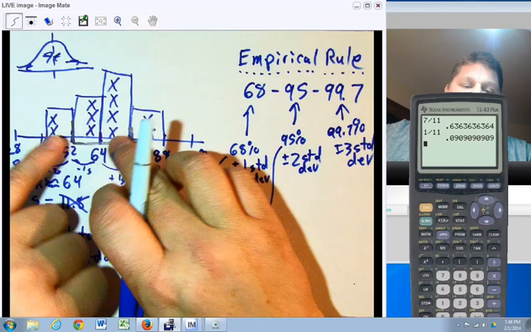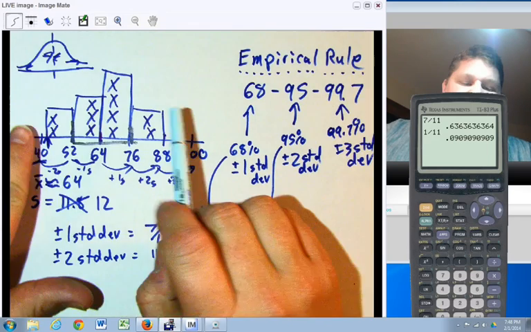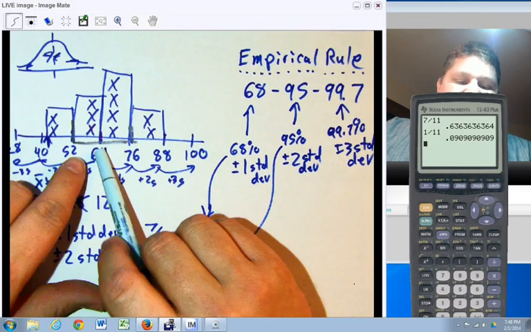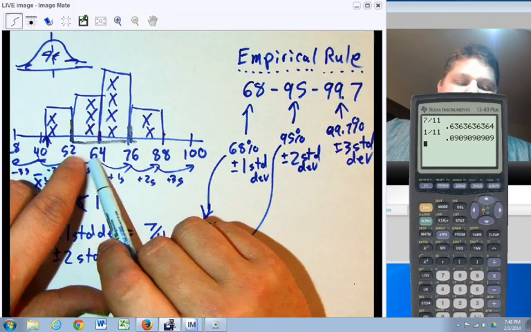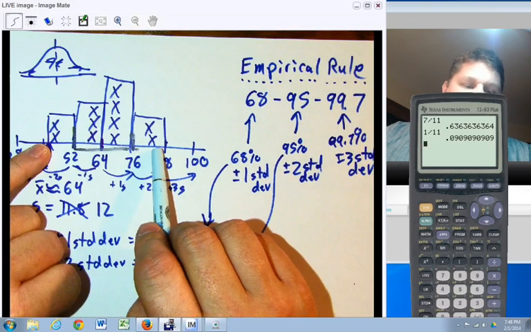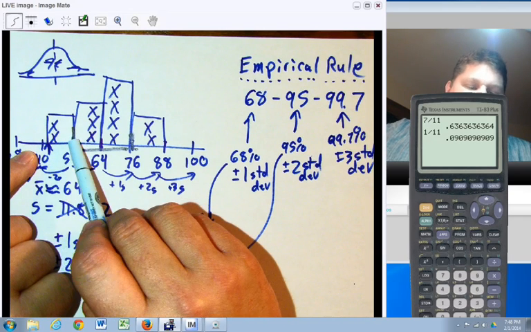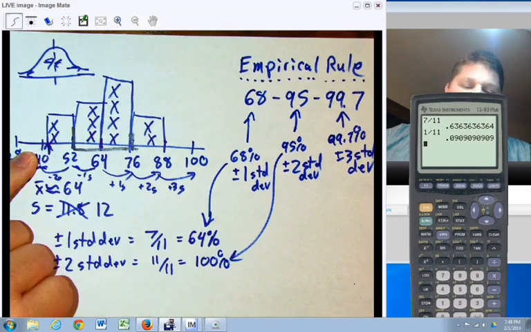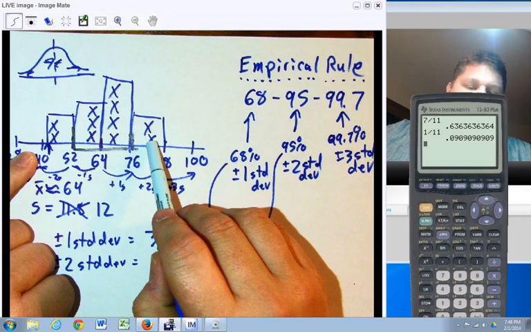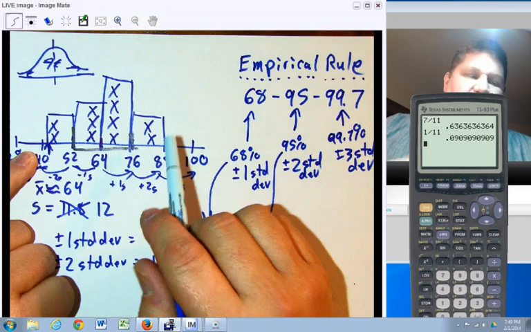So this graphical representation also tells you the spread of the data, telling you most of the data is indeed clumped around the average with these values out here. What this didn't show you as well is that these values in this box are not up near 52. They're actually way down here near the bottom. And these data pieces up here are actually closer to the 76 than they are the 88.